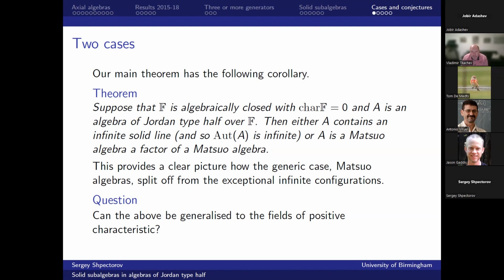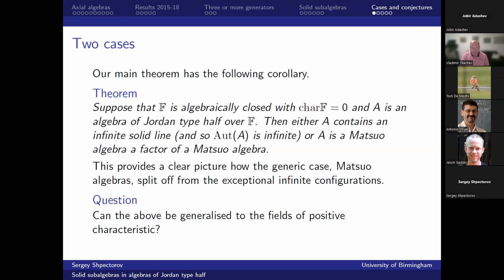So we see a clear branching. Matsuo algebras basically arise as the only possibility for a finite automorphism group. Everything else has infinite automorphism group, and so we can focus on the case when we have solid lines and always assume that.